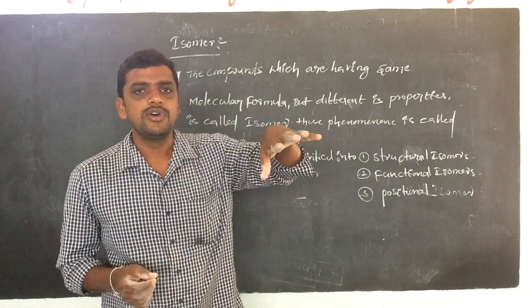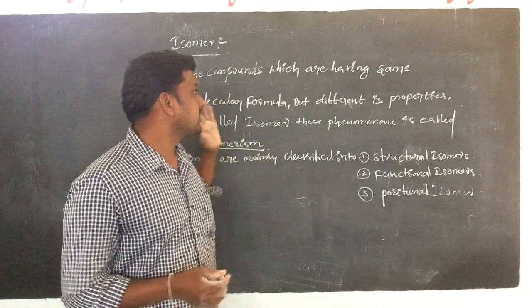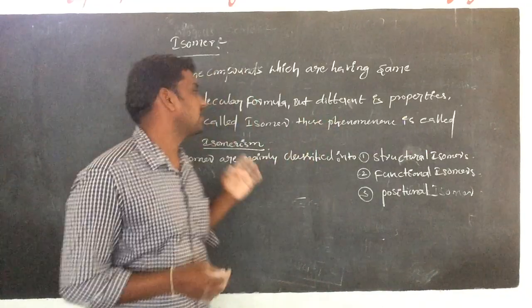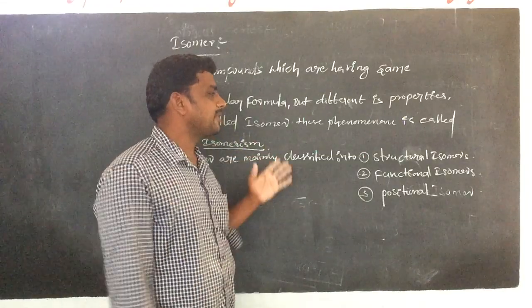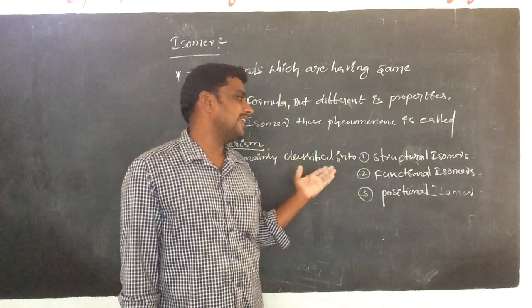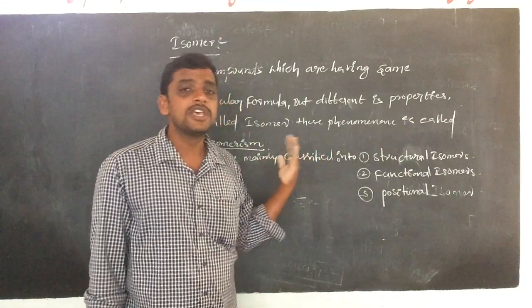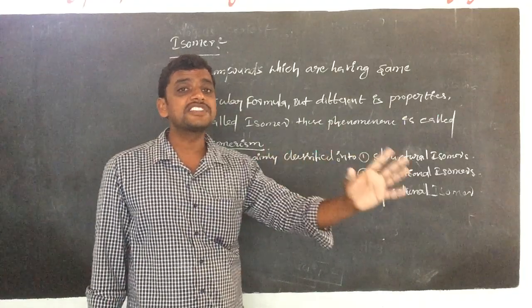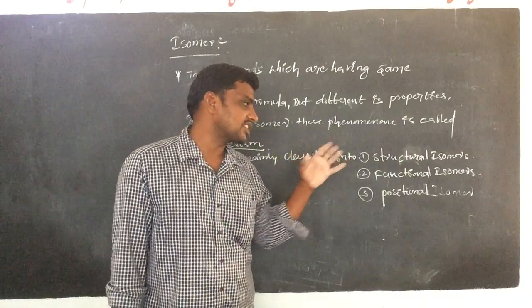Have you understood the point, all of you? What is an isomer? Compounds with the same molecular formula but different properties are called isomers. The phenomenon is called isomerism. Isomers are mainly classified into structural isomers, functional isomers, and positional isomers.